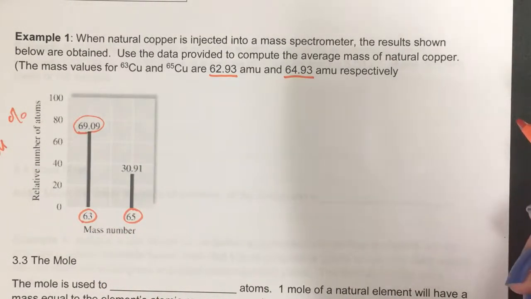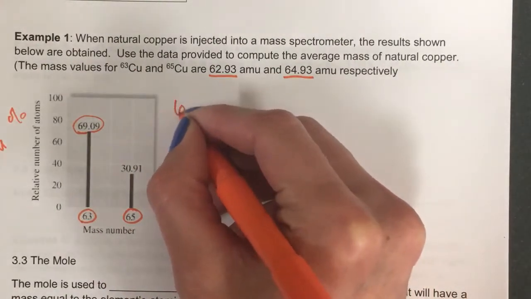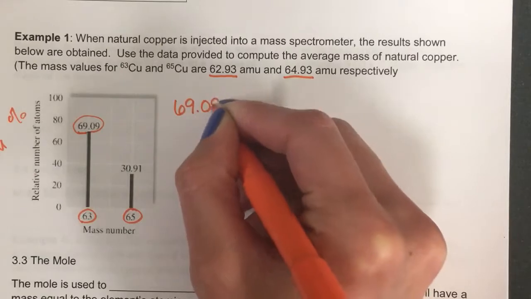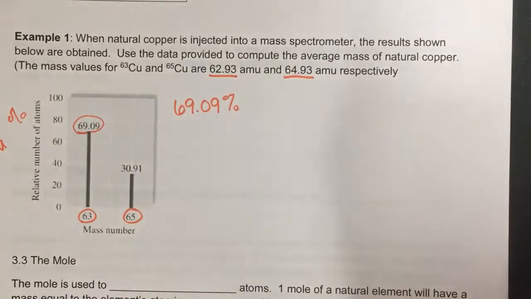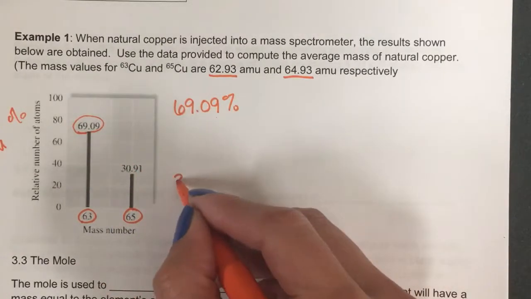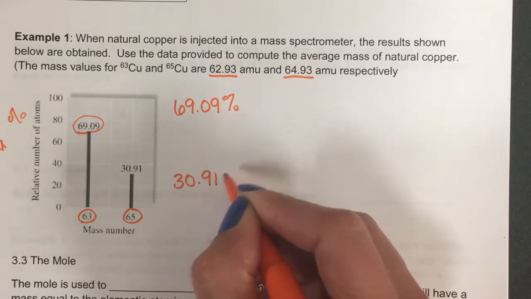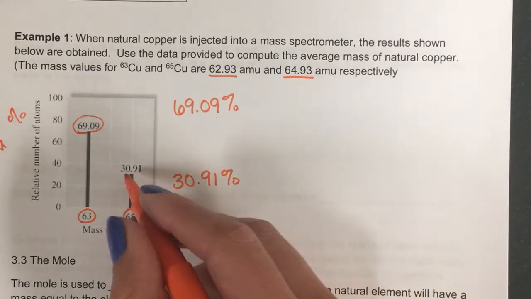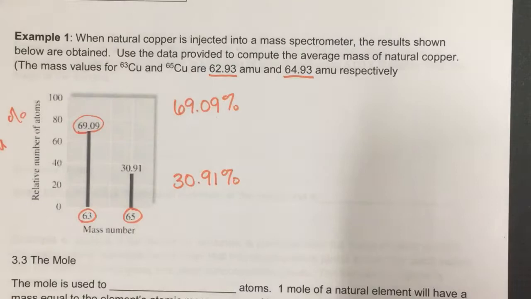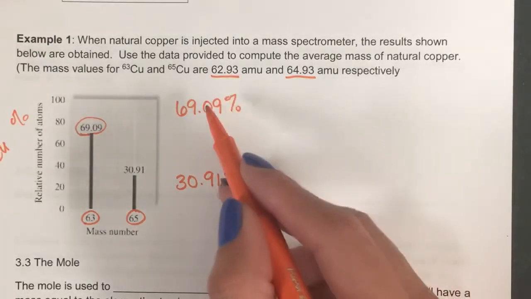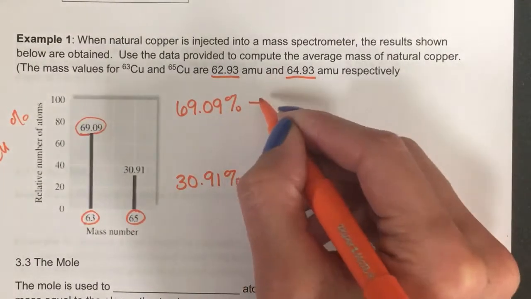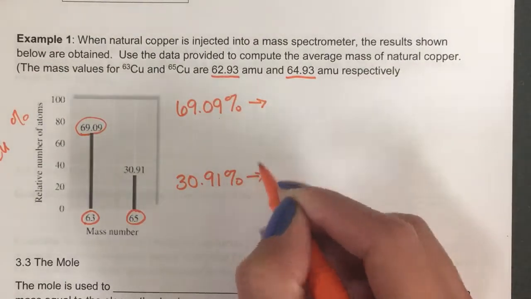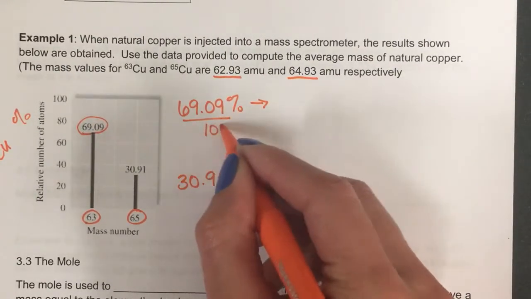So here's what I'm going to do. There are 2 different ways I can do it. I've got 69.09% and then 30.91% of each of my isotopes. Now what I'm going to do is change my percentages to decimals by dividing by 100.